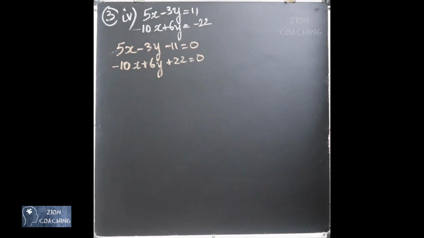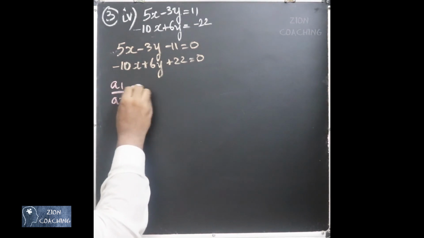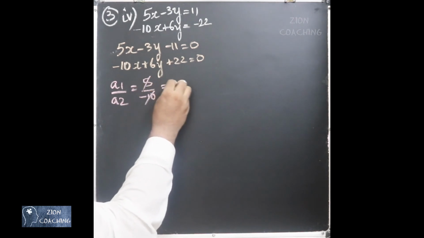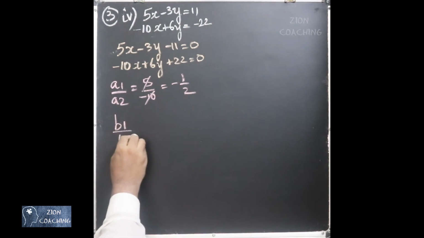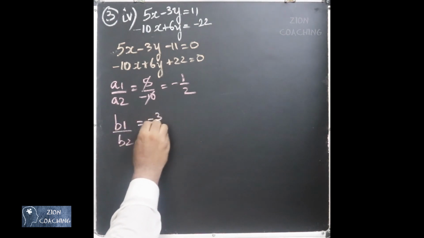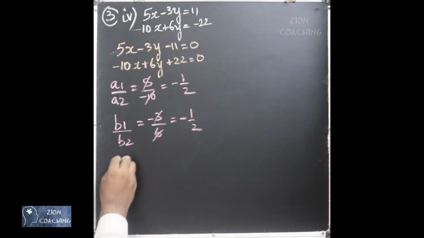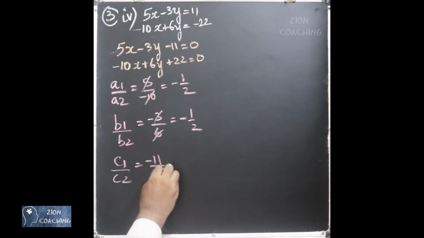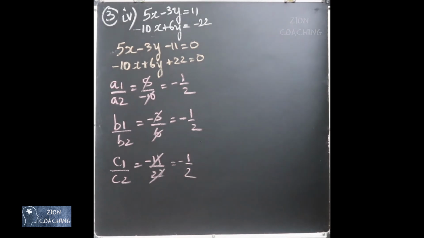Now you can see that a1 by a2 is going to be 5 by minus 10, that is nothing but minus 1 by 2. b1 by b2 is minus 3 by 6, that is nothing but minus 1 by 2. c1 by c2 is minus 11 by 22, that is nothing but minus 1 by 2.